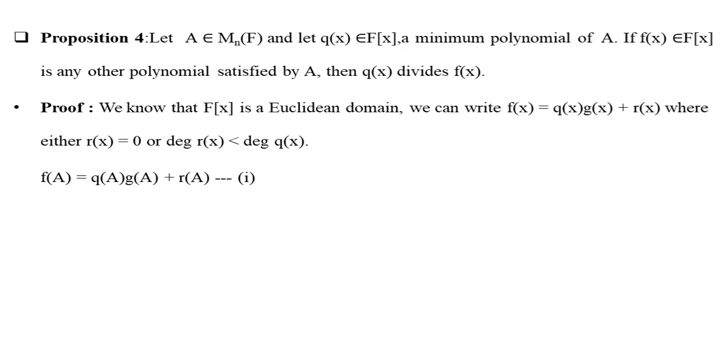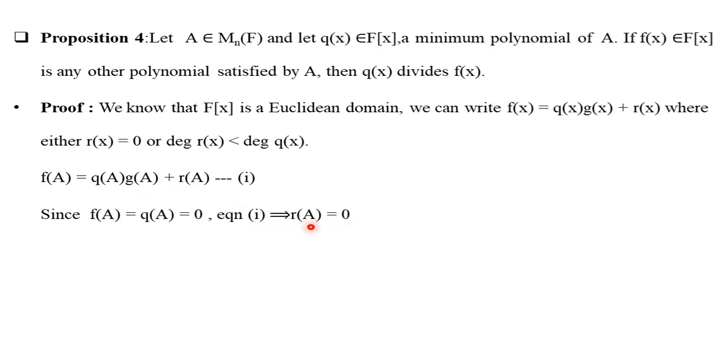Now we substitute f of a equal to 0, q of a equal to 0 in this equation to get 0 equal to 0 plus r of a, that is r of a equal to 0.